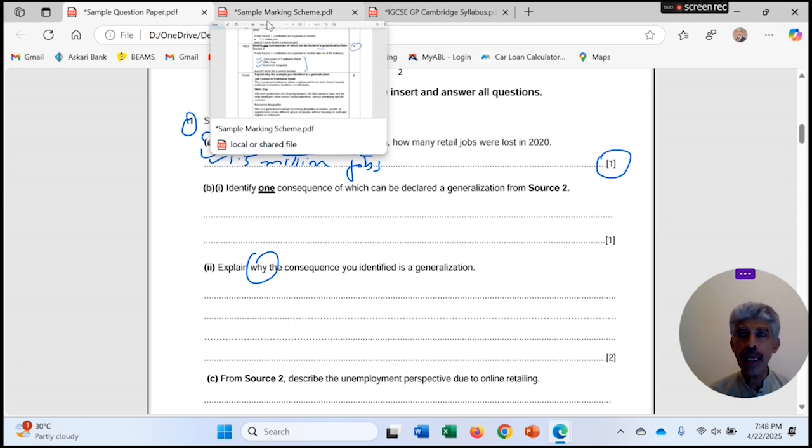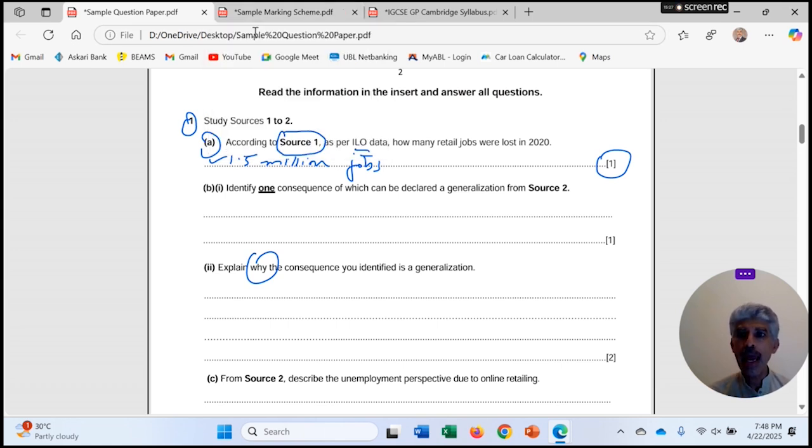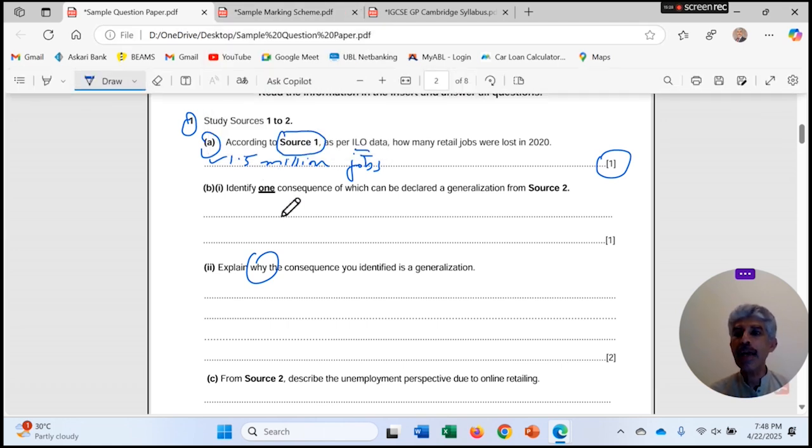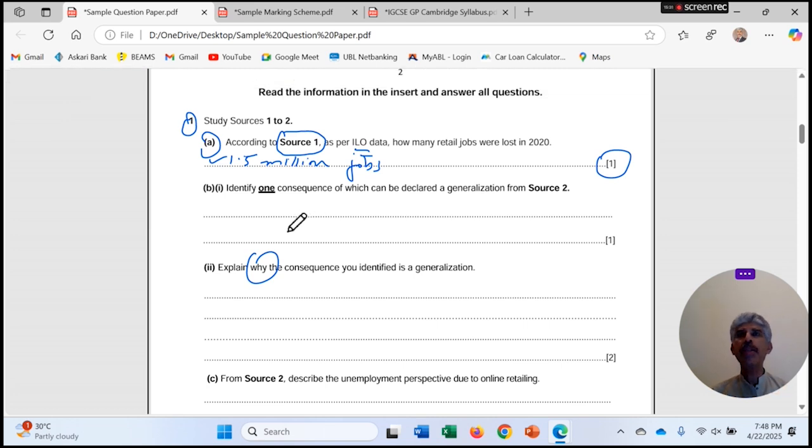If I say everybody is struggling financially, this is a generalized statement and it may not be correct for all. Few might be very much stable financially and they might not be struggling. So I have given a generalized statement which I am applying to all, but it is not applicable to all. So this is what is meant by a generalized statement.